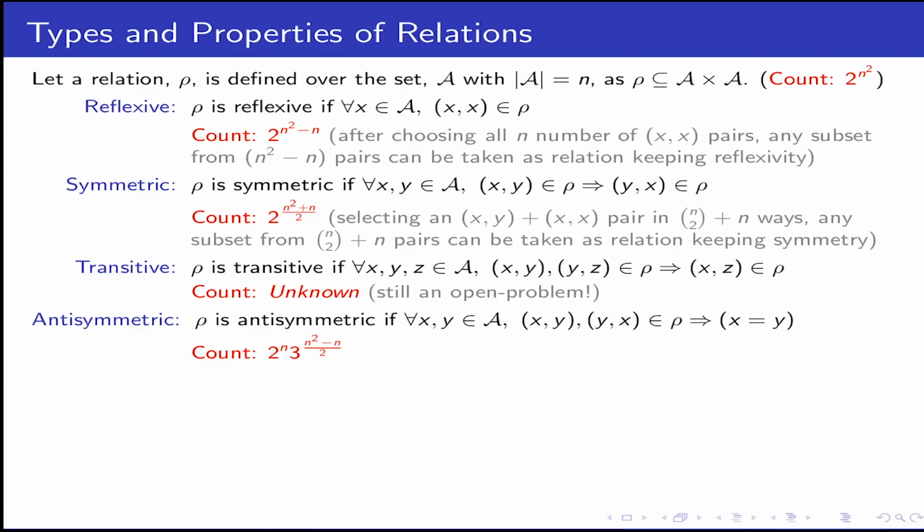However, you can take xx when both are the same, or you can take either of them. You can keep only xy, you can keep only yx, but you cannot keep both when x and y are different. So how many choices do you have? You have choosing xy only, choosing yx only, or choosing neither.